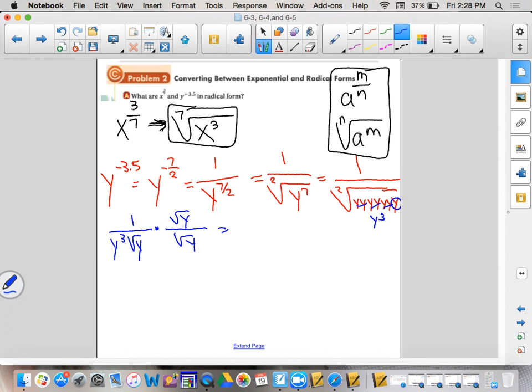So 1 times the square root of y gives me square root of y. Now I've got y cubed. There's an understood 1 in front of that. So y cubed times 1 gives me y cubed. And what's the square root of y times the square root of y? Y. Can I combine what's on the bottom? So I have y cubed times y raised to the 1, more or less. If I am multiplying exponents with the same base, what do I do to them? Add them. So 3 plus 1 is 4, and that's my answer.